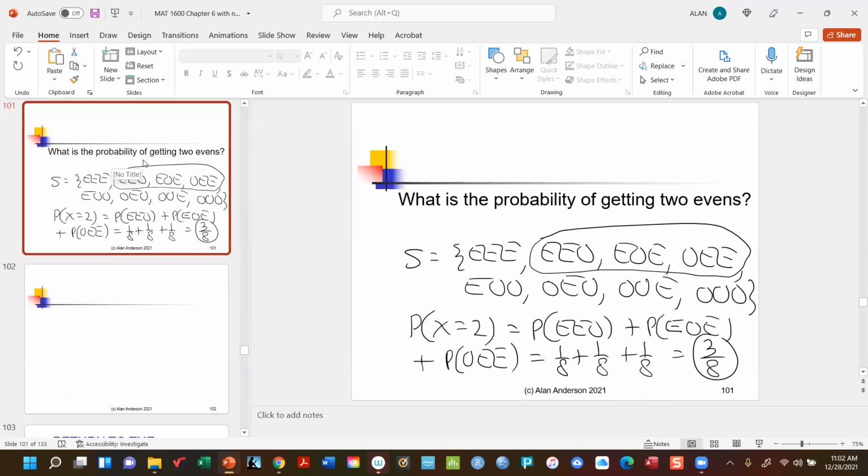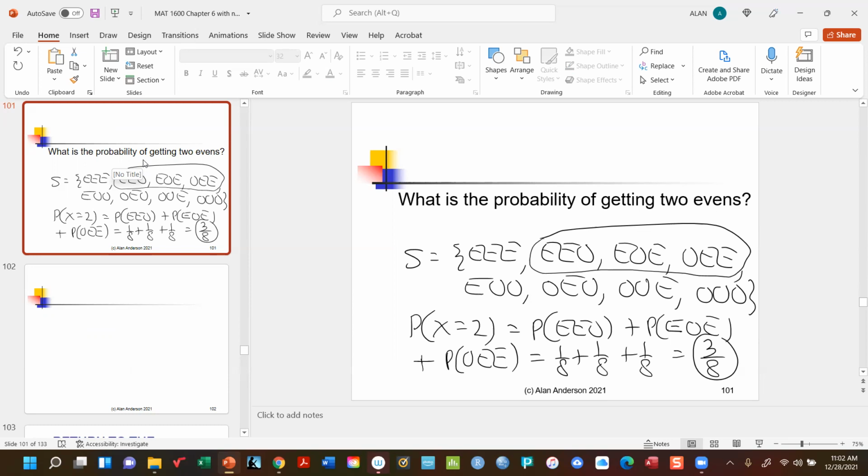If you write out all the elements in the sample space and find the ones that have two evens, you'll discover that there are three of them, each of which has a probability of 1/8. So therefore, the total probability must be 3/8. So we know how this is done, but now we'd like to use the binomial distribution and see how that works.